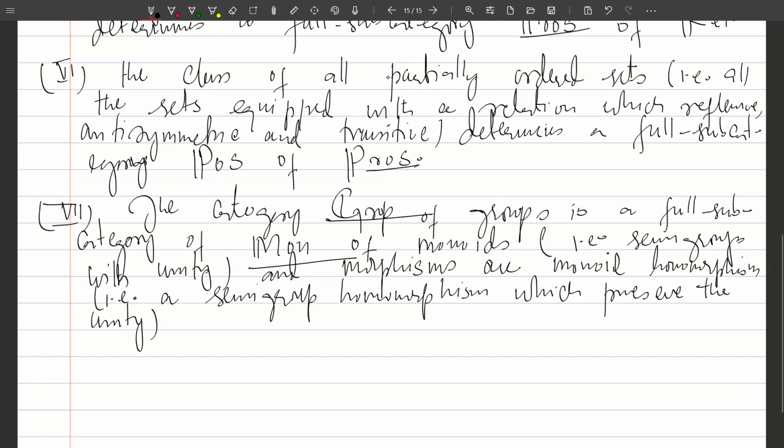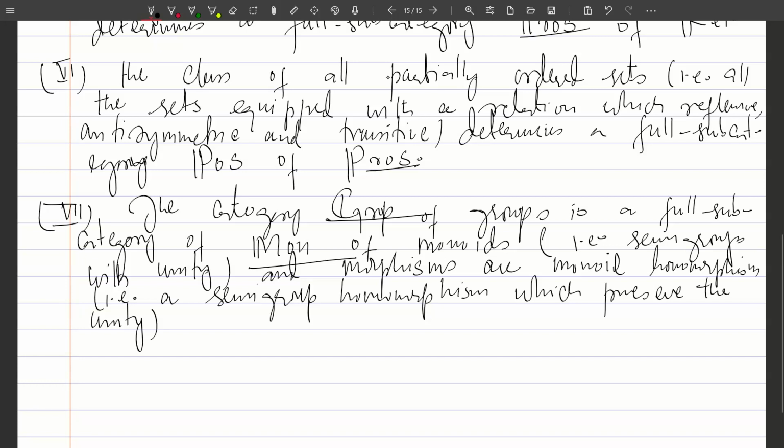if we look at the object class of GRP, that is the class of groups, we know every group is a monoid. So the object class of GRP is properly contained in the object class of MON.